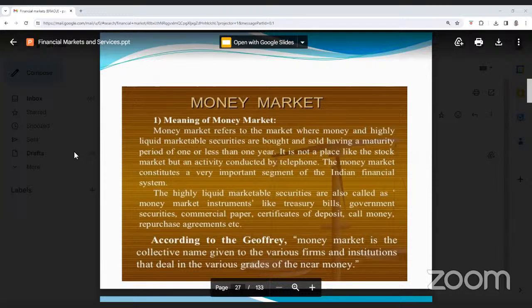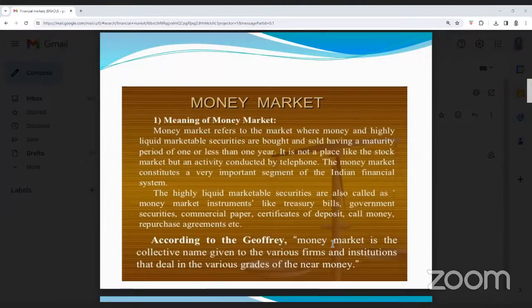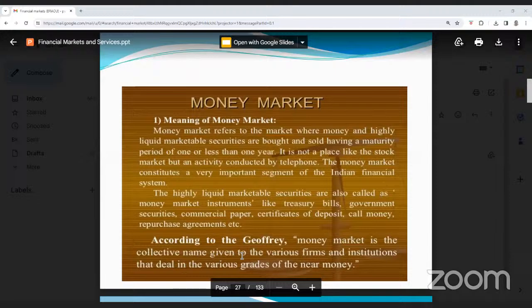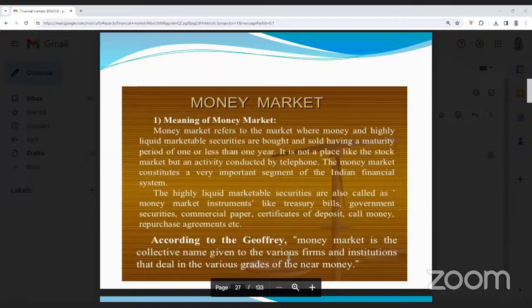All these are the money market. According to Geoffrey Crowther, money market is a collective name given to the various firms and institutions that deal in the various grades of near money. Take this meaning, ma'am. Done, ma'am.